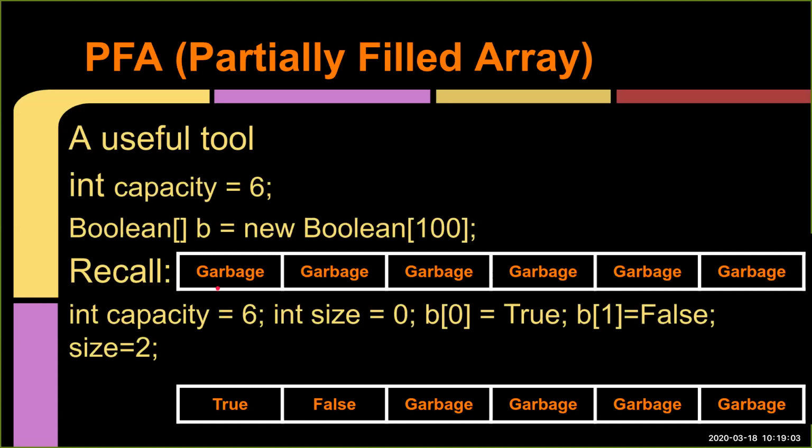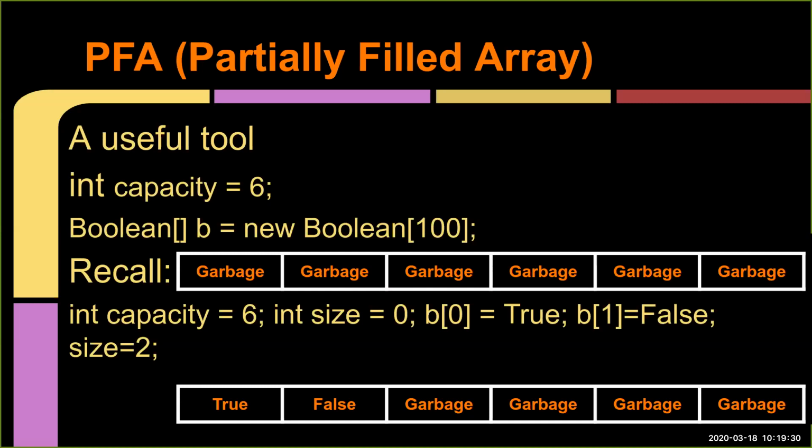When we first start out with a partially filled array, when we create it in Java, these are all set to false. But just be aware that in other languages, that's not the case. Also, if we're doing anything that's not a Boolean type, like an integer, these all start at 0, and 0 might not be a good default value for you.